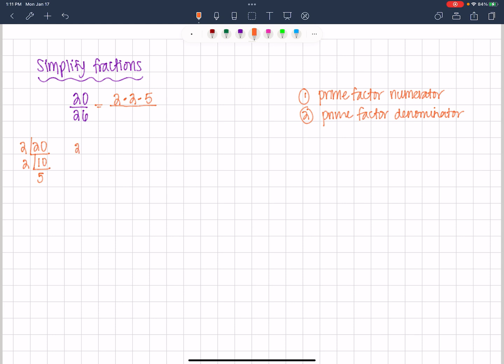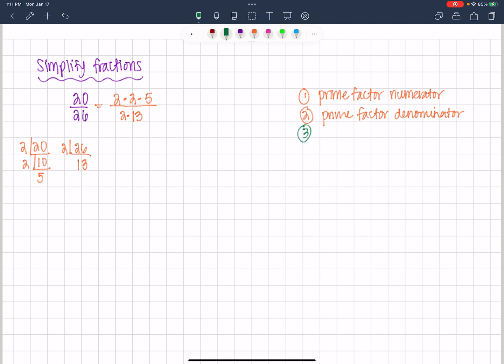26, we're going to prime factor 26. 2 goes into 26 evenly, that's 13 times, and 13 is a prime number, so my prime factorization of 26 is 2 times 13. Now this step is very, very important.